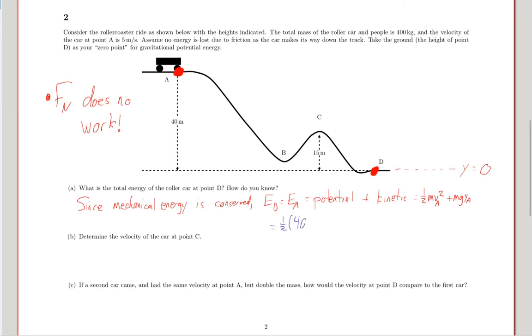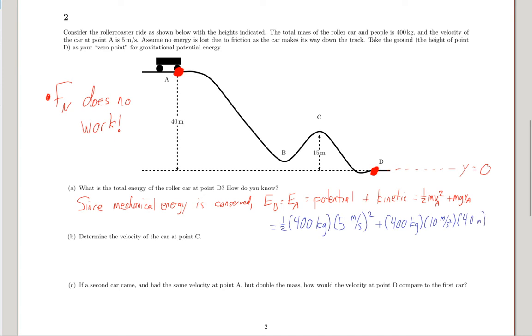I'll actually put in the numbers in this problem because there's something interesting to see here. The velocity at A is 5 meters per second, all quantity squared. Notice we have kilograms meters squared per second squared, which is joules, plus the mass again, 400 kilograms, times g, which is 10 meters per second squared, times the height at A, which is 40 meters.